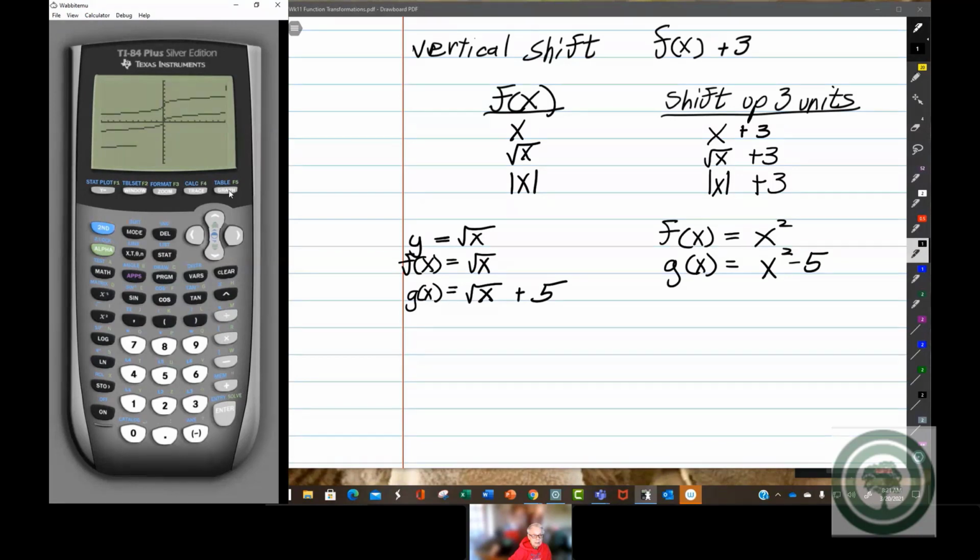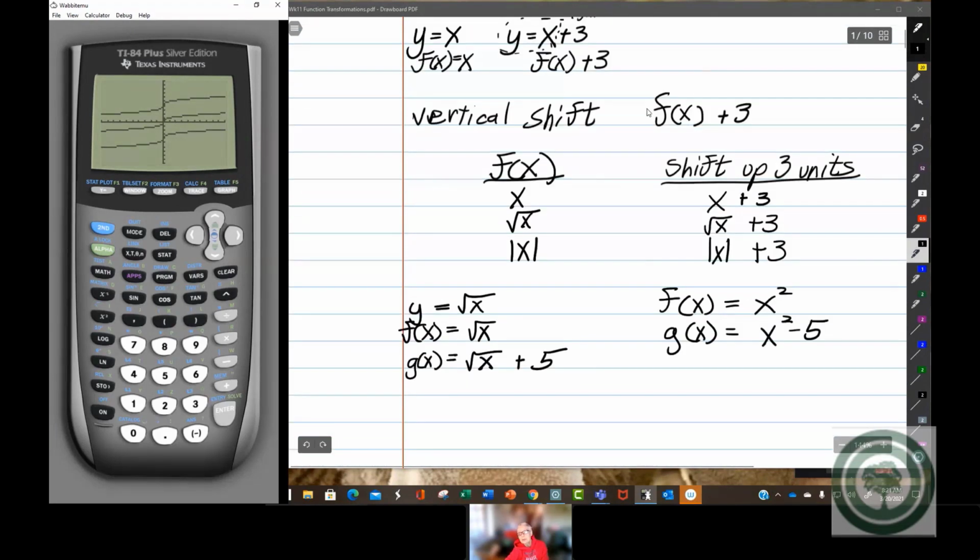Graph. And there you go. That's what vertical shifting is all about, and that's where you write it.